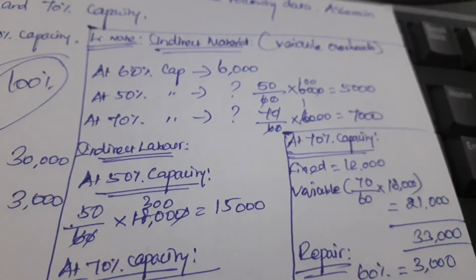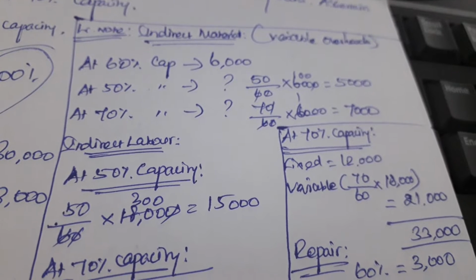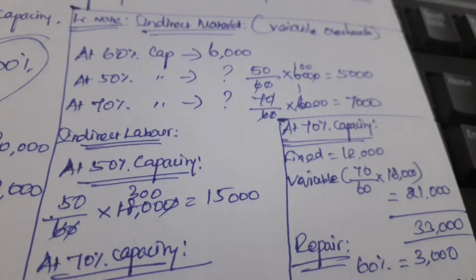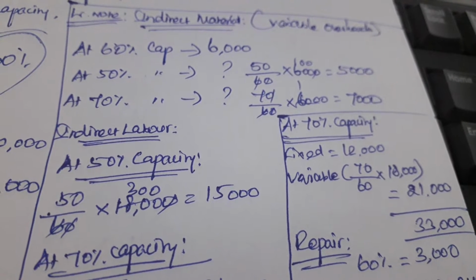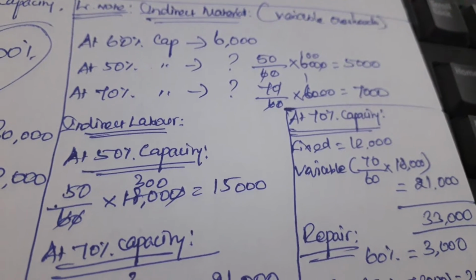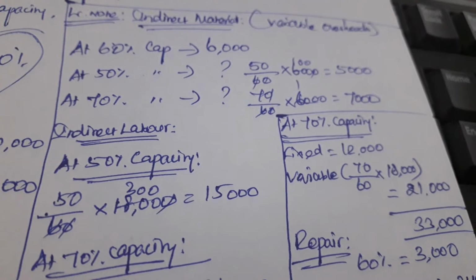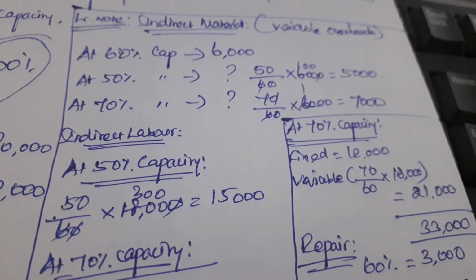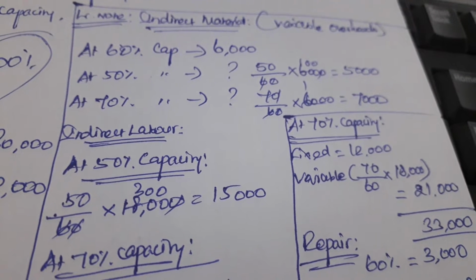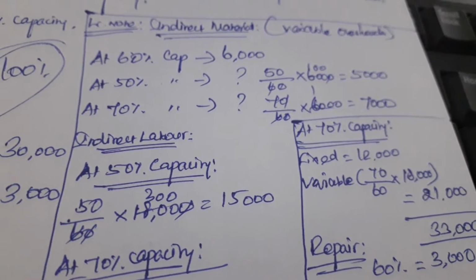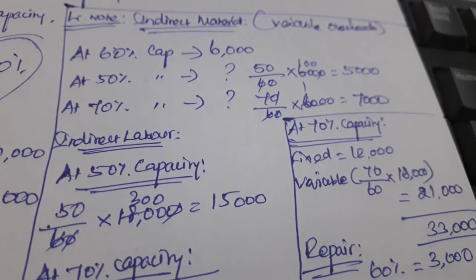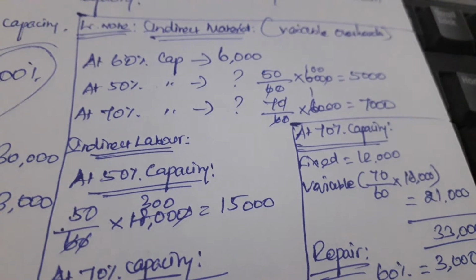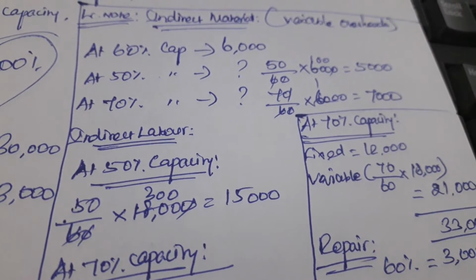So what about 50% capacity? If you divide 50 by 60 and multiply with 6,000 we get 5,000. The same way we calculate for the 70% capacity, and the final value is 7,000. 5,000 for 50% capacity, 7,000 for 70% capacity.